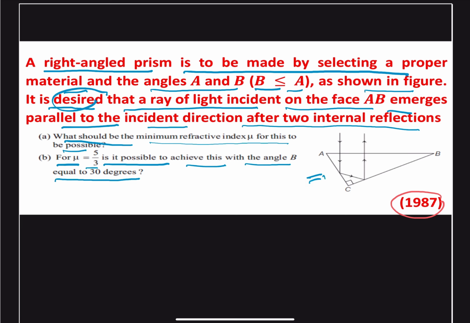So this is the given figure, a right angle triangle with C as 90 degrees, and it is desired that the incident ray, which is perpendicular to AB and falling at a certain angle on the face AC, suffers total internal reflection twice, and follows a path parallel to the incident ray. So this is our incident and this is our refracted as well as reflected.